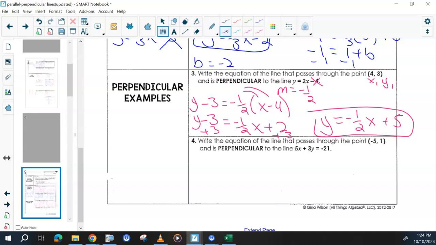So the last one is like example 2, but it's perpendicular, so we have to change the slope. So let's solve this first. Get y by itself by getting rid of x. Divide everything by 3.